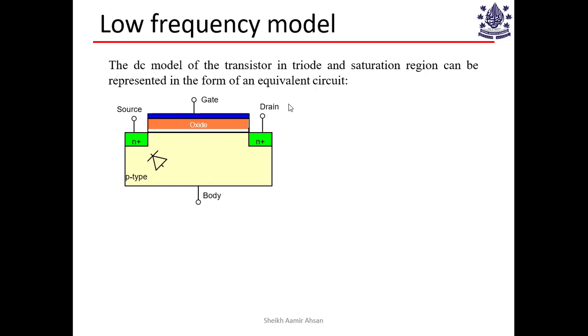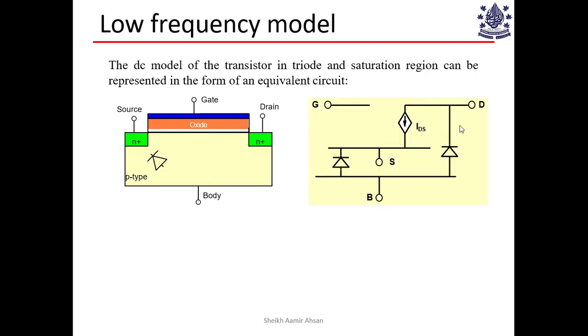If we have to use it as a model, then we have to understand this MOSFET as a circuit. So we have these four terminals, and we simply write them down. This is the gate terminal, this is the drain terminal, this is the source terminal, and then we have the body terminal. Let's compare these two.